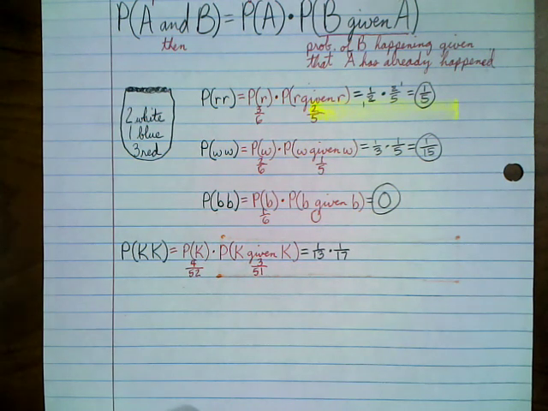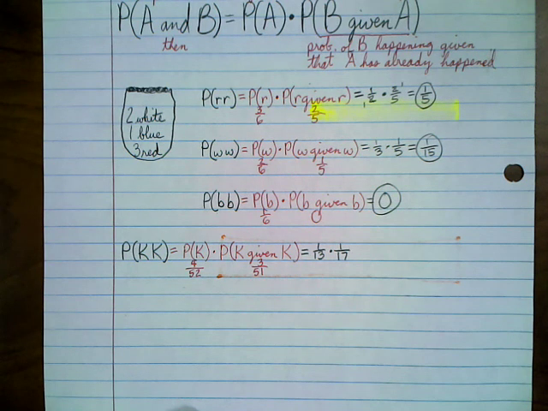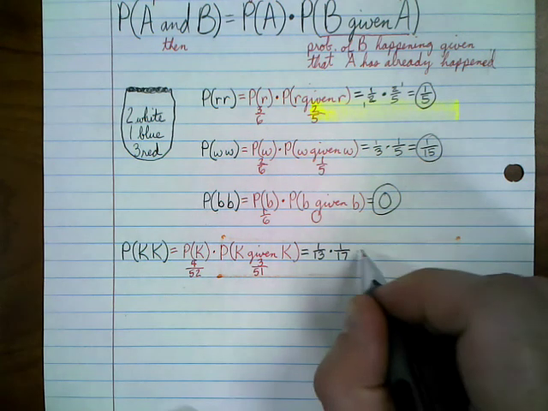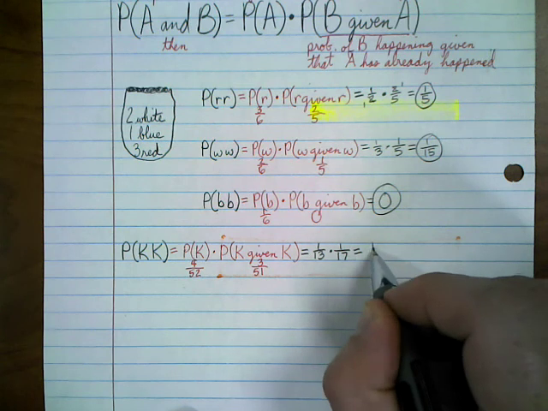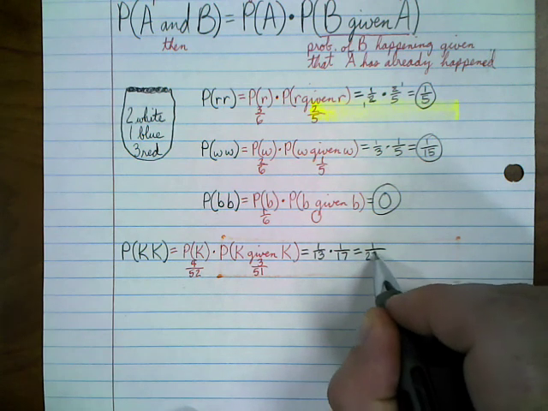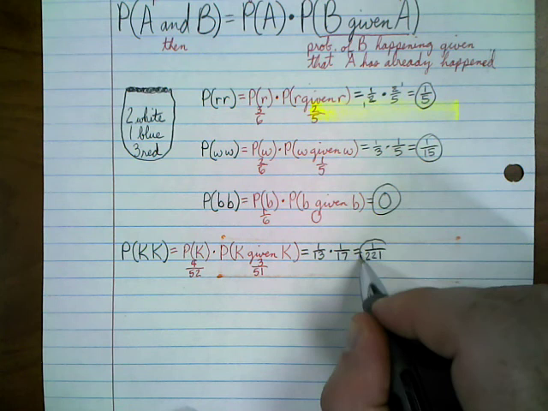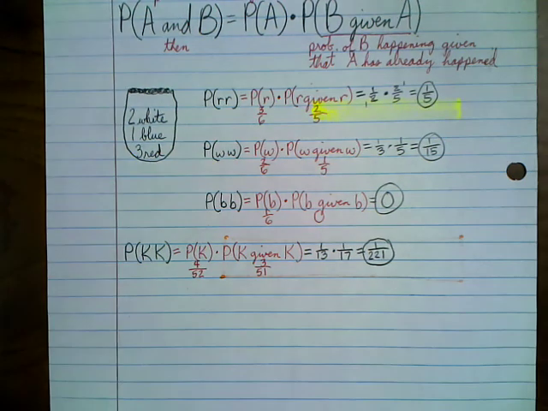So this is 1/13 times 1/17, which then has a combined probability of 1/221. So if you're pulling 2 cards out of a deck, you can expect to get 2 kings about 1 time out of every 221 tries. Not very likely. Could happen, just not very likely.